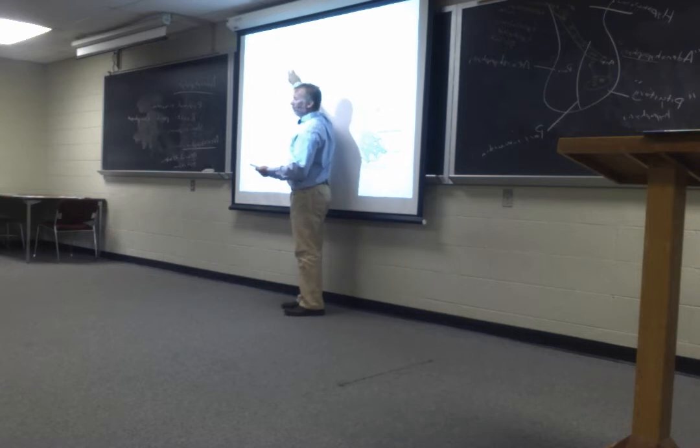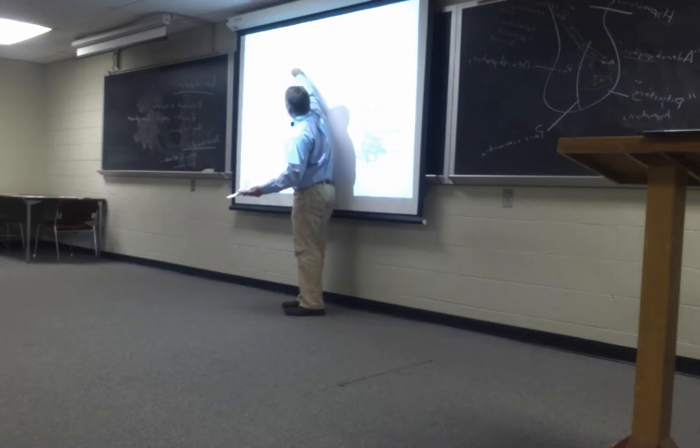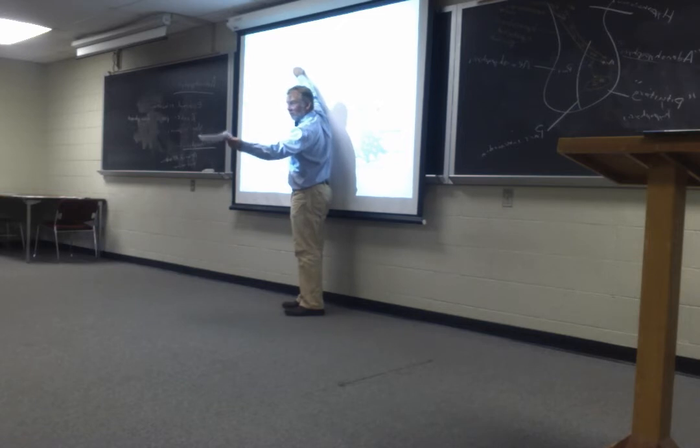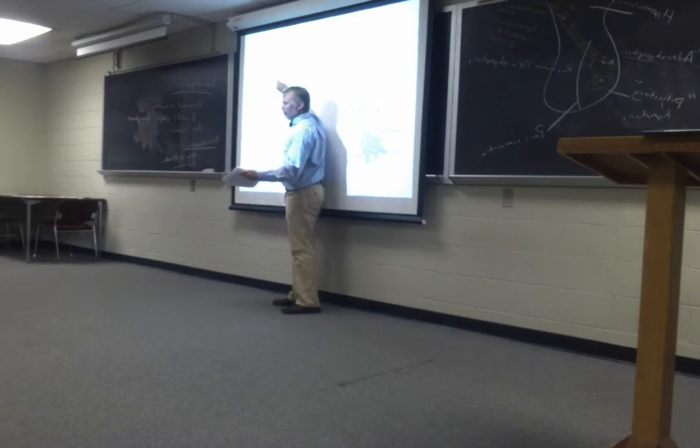The paraventricular nucleus, let me take the time out, Rachel, make sure you know what I'm talking about. It's a lot of big words today, but when I'm saying a nucleus, what do I mean? A cluster of cell bodies. Notice how this is a bunch of cell bodies together in the brain. It's called the paraventricular nucleus because of the location of it.